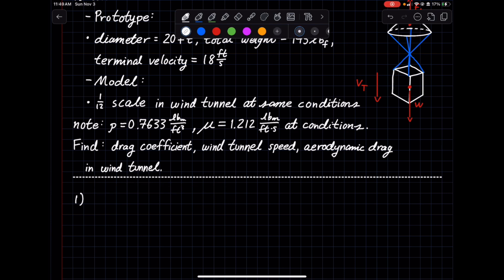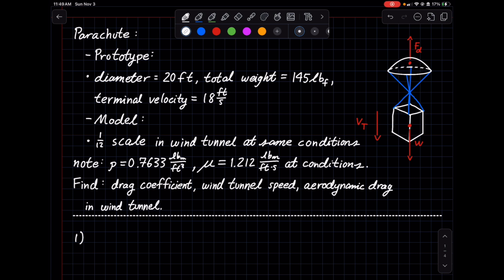Step 1: we want to list all of the parameters and count the number of parameters. Looking at the problem, we have a diameter of 20 feet, total weight of 145 pound force, and terminal velocity of 18 feet per second. We're putting a smaller version of it, a factor of 12, into a wind tunnel at the same conditions.